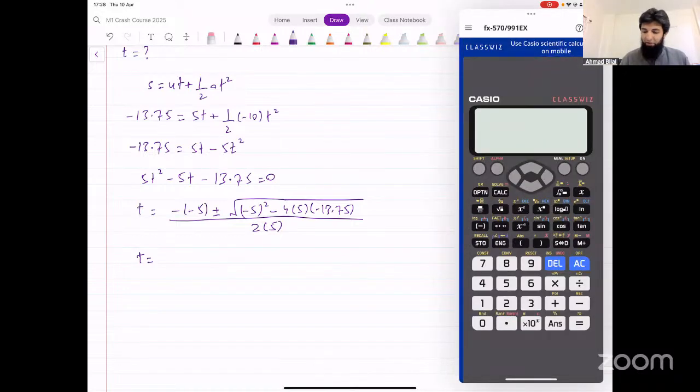What's the value of t that we get? What value of t do we get?